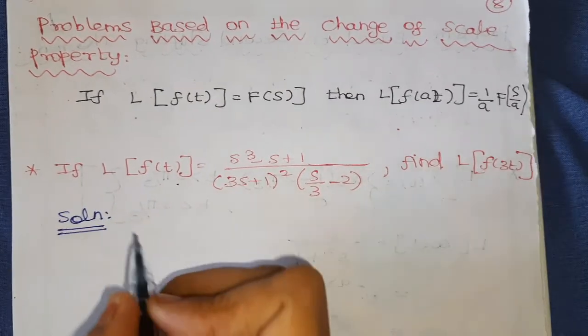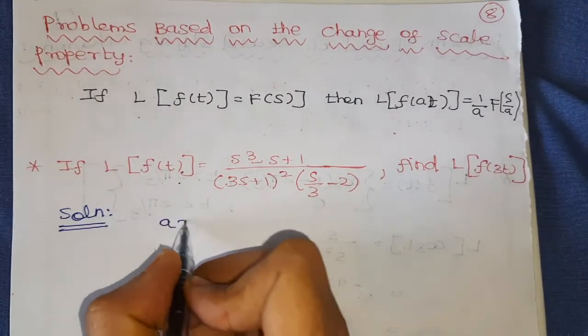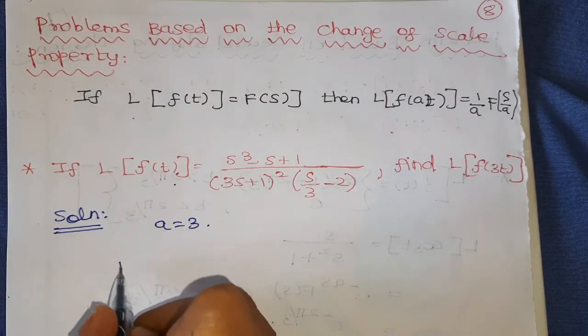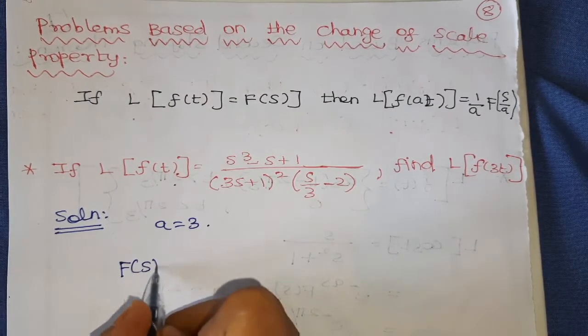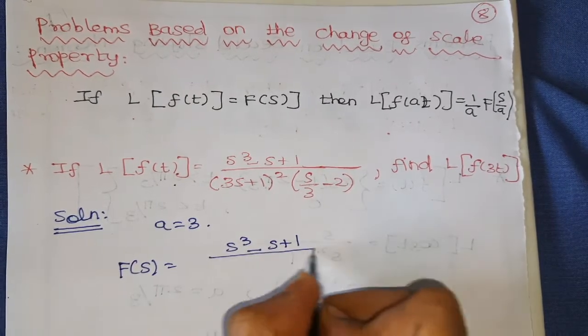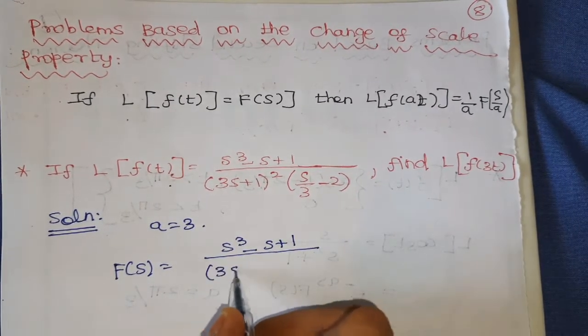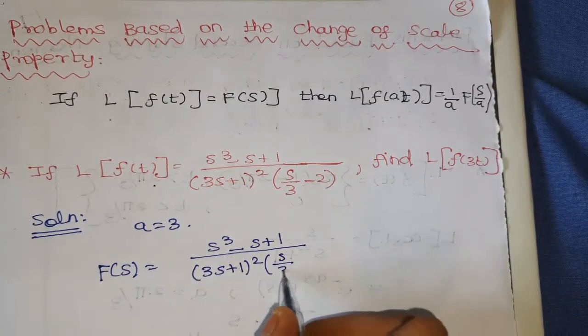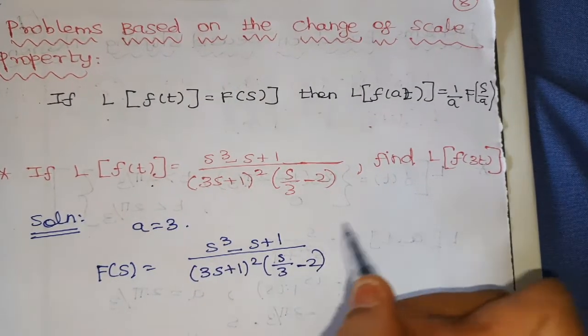Solution. Here a is 3. So F(s) is equal to the given (s³ − s + 1) divided by (3s + 1)² times (s/3 − 2).